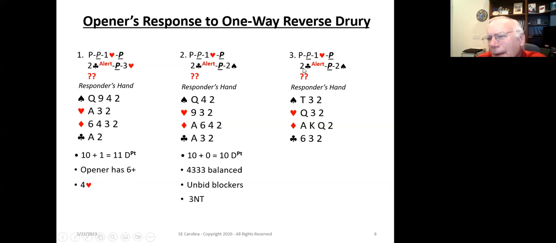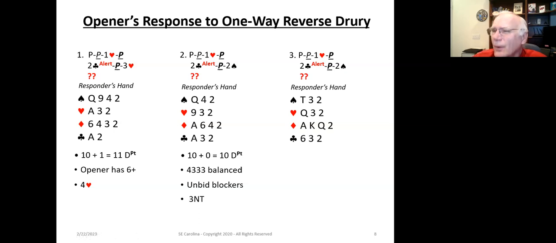In this one, our partner opened 1 heart. We initiated Drury, and our partner came back and bid 2 spades. What's that say? It says the opener's got 5 hearts and 4 to 5 spades.